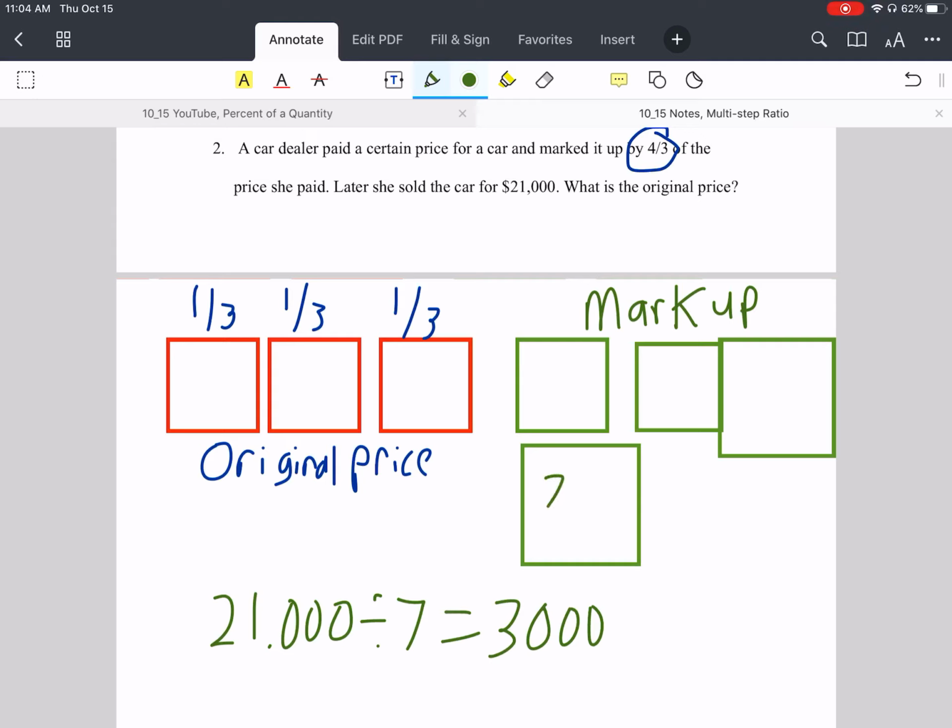So I'm going to write that as 3K. So each box is worth $3,000.